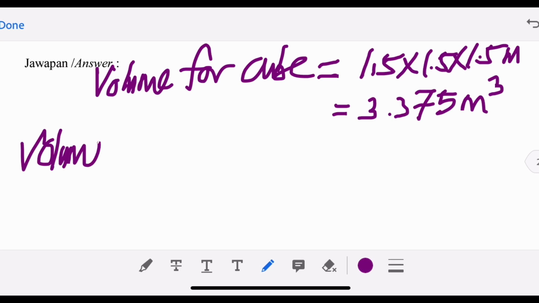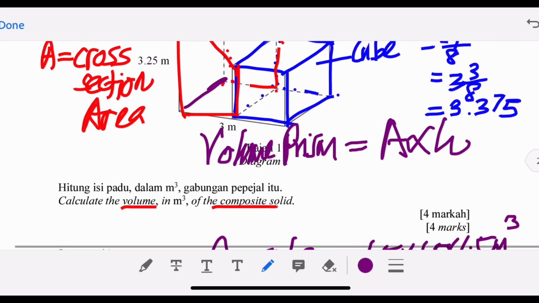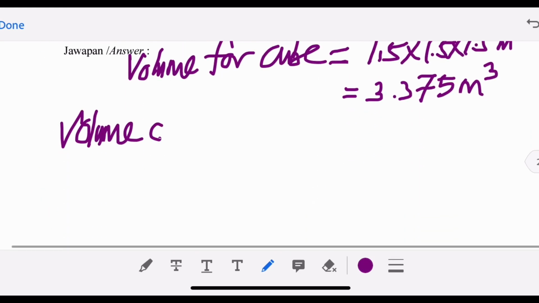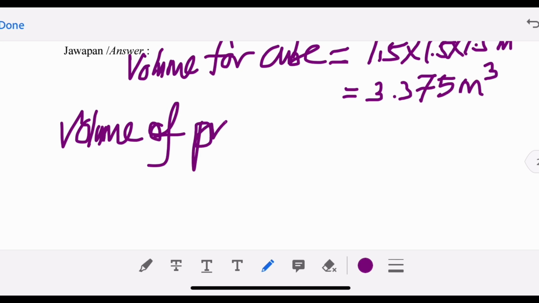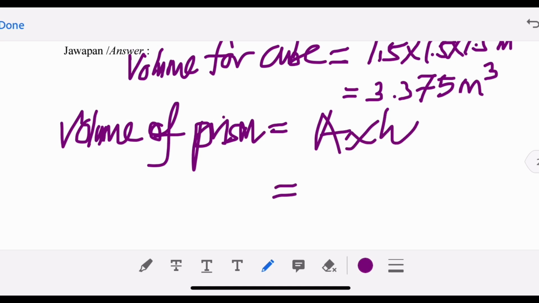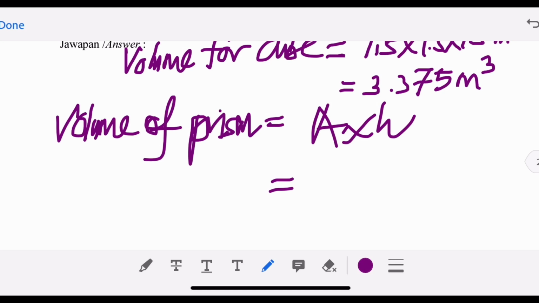And then we need to calculate the volume of the prism. The formula for the volume of the prism is A times H, and the A here is the trapezium, right? So we will write 1/2.